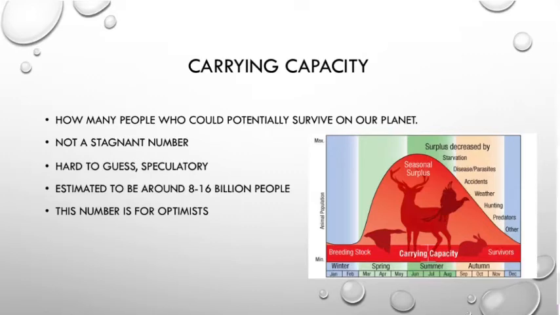It can change all the time, and there's just no good way to measure it. But right now, the carrying capacity is estimated to be around 8 to 16 billion, and we're currently at about 7.5 billion. So that number seems very close. And it also seems worse when we get into other stuff.